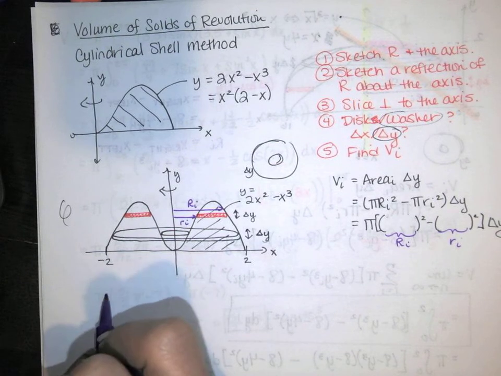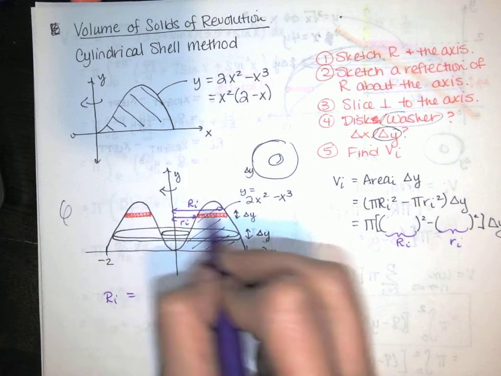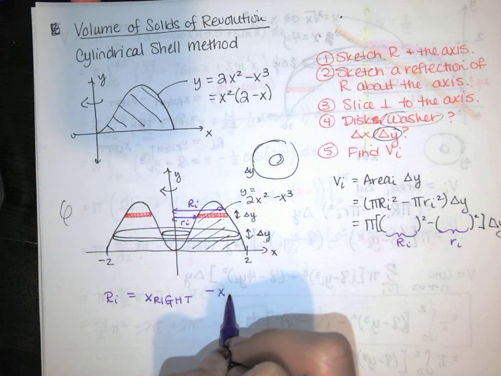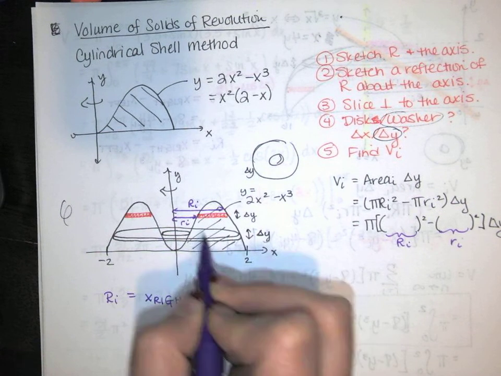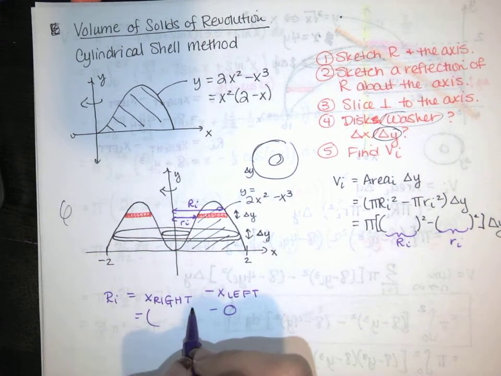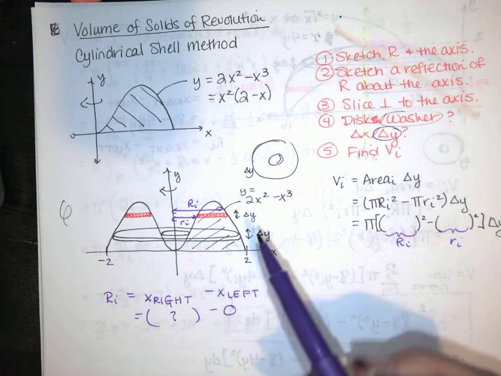Well, let's look at big R. It's horizontal, so it's going to be x on the right minus x on the left. X on the left is easy, that's just 0. But x on the right, well, that's another thing that's easy.